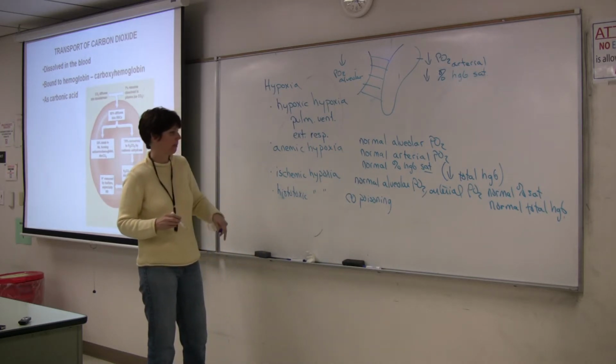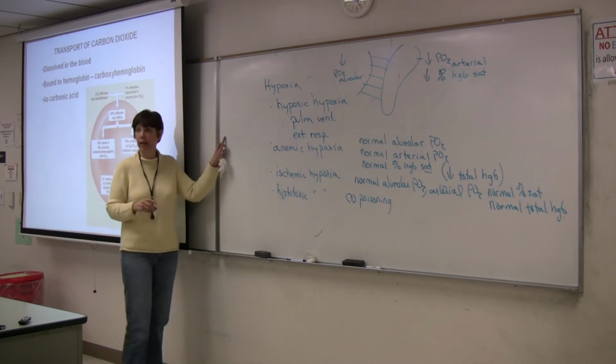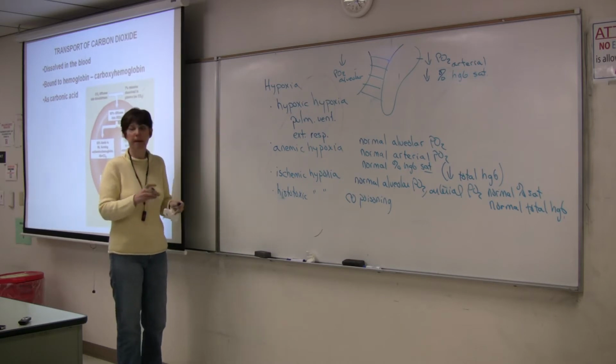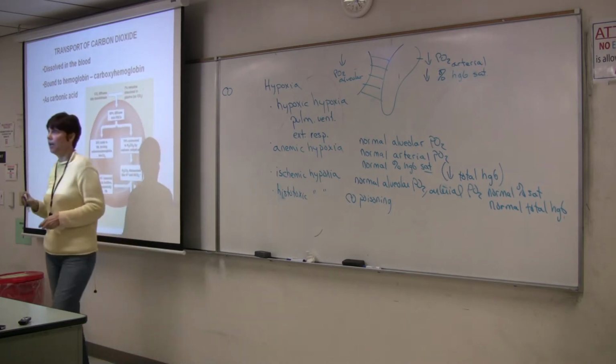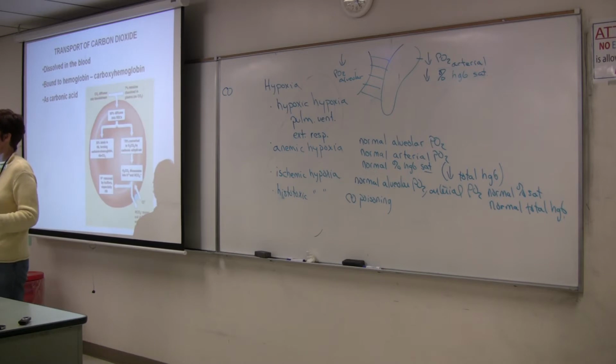Histotoxic hypoxia. So with carbon monoxide poisoning, are we going to have a normal alveolar PO2? I'll write it up here so those of you in the back can see it. Carbon monoxide poisoning, are we going to have a normal PO2 in our lungs? It doesn't take very much carbon monoxide, okay?